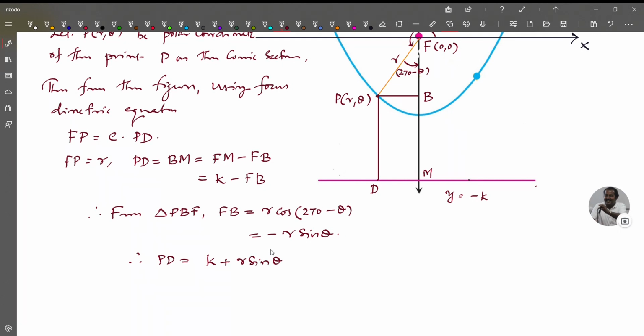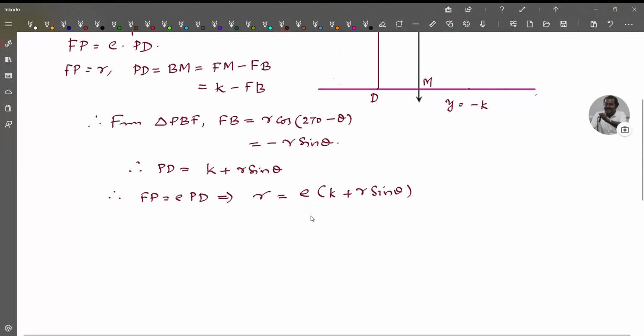Therefore, FP equal to E PD implies FP is R equal to E into K plus R sin theta. So from this, R equal to EK plus ER sin theta.